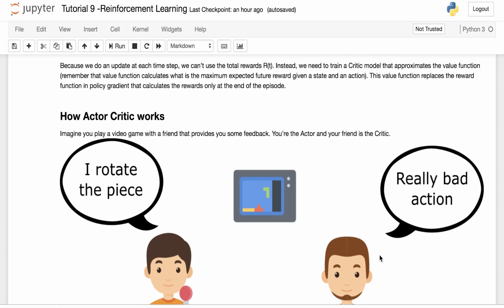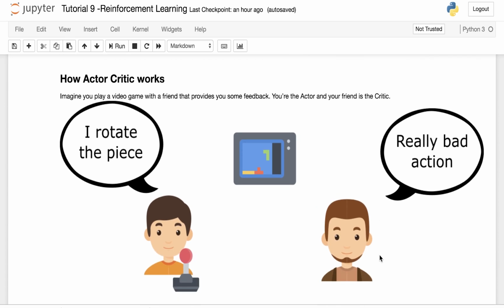So how does it work? Let's see this, guys. Imagine you play a video game with a friend. You are the actor and your friend is the critic. You want feedback from your friend. You make a move, and your friend tells you if you made a good or bad choice. So the actor is like your player, and you have the critic.